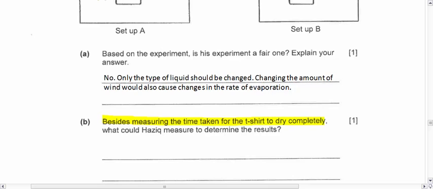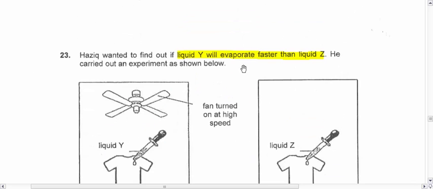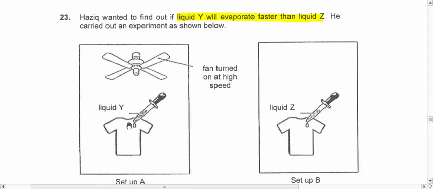So what else can he measure? So if I want to find out which liquid dries faster, well, what I can do is I can measure the mass, because if I use the same amount of liquid for both, the mass of the t-shirt at the start of the experiment should be the same.